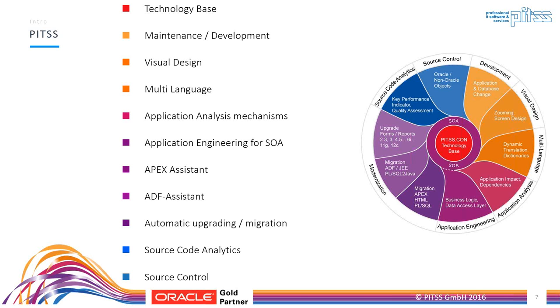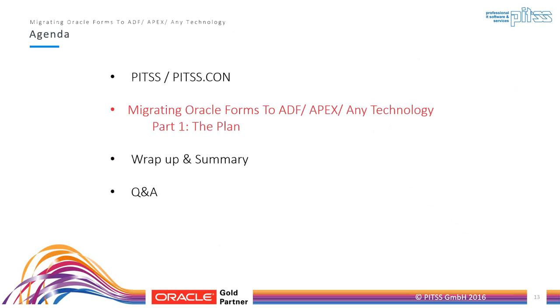We'll point out today some modernization functionality. It's known as an innovative product for analyzing and maintaining Forms applications, and even supporting the evolution of these applications to the next level beyond 11g, 12c, according to the Oracle technology stack, including the modernization to Apex or to ADF.